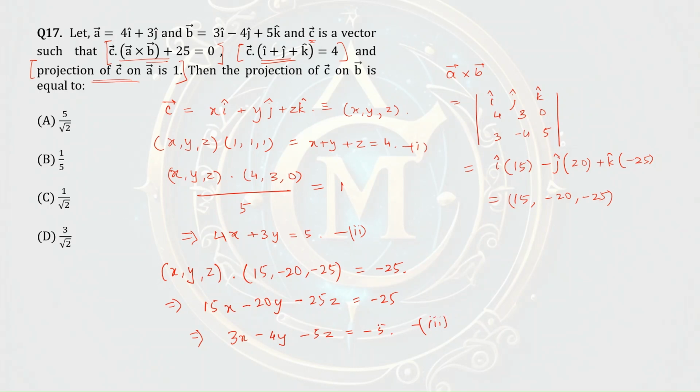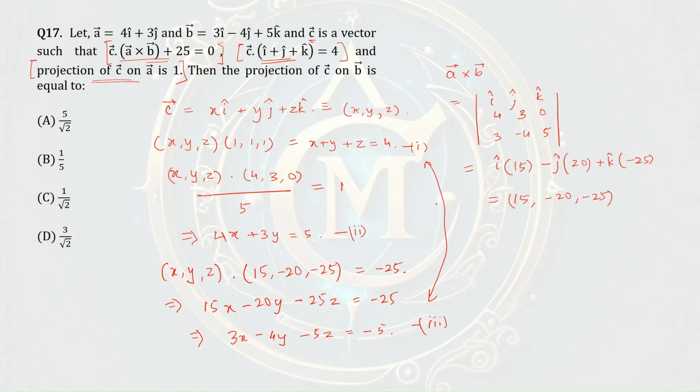Now from equations 1 and 3 we can eliminate z so that we get an equation in x and y, and there is also another equation in x and y. So there will be 2 equations and we can solve x and y easily, and from any of these equations we can determine the z value.